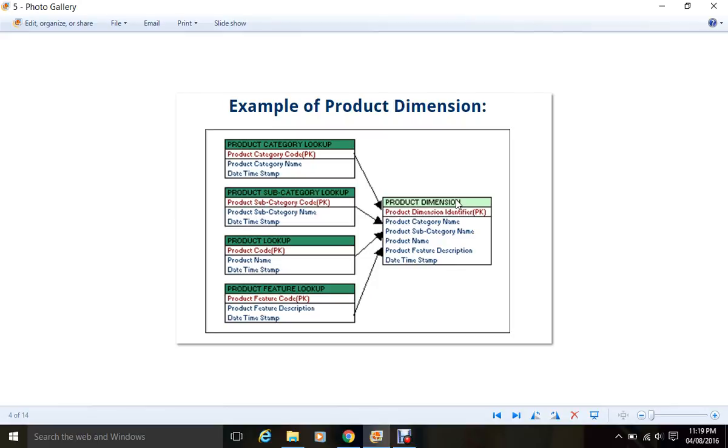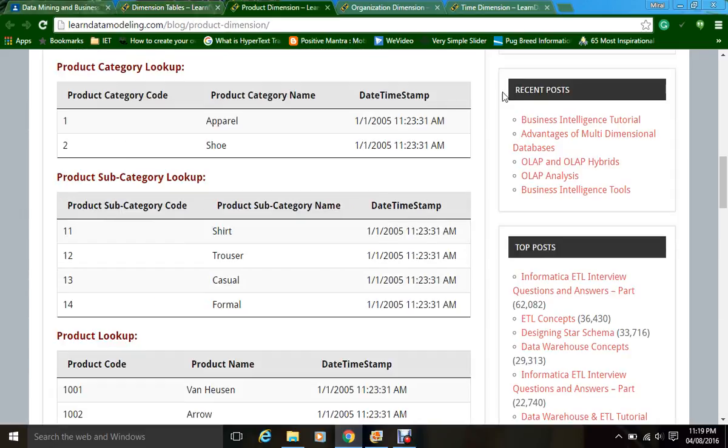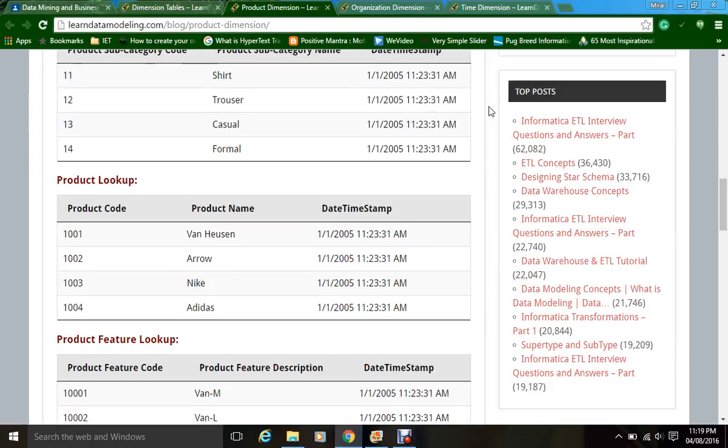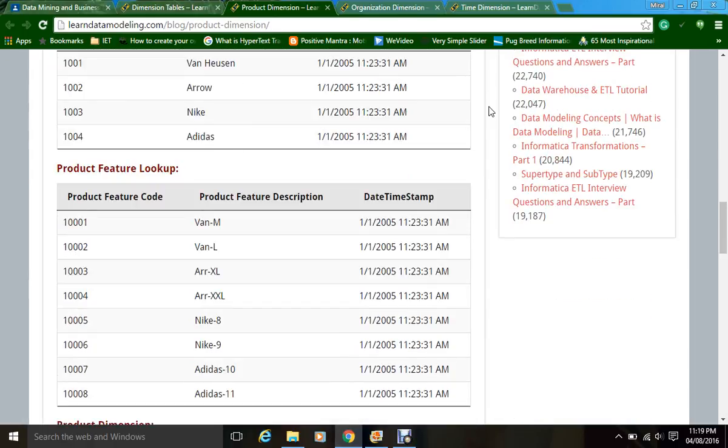With this, we can gather all the details about how a product is working, what kind of product is being sold, or what kind of strategies we can apply to the particular product. Like the product category lookup, the subcategory lookup, and the feature lookup are all divided into different tables.